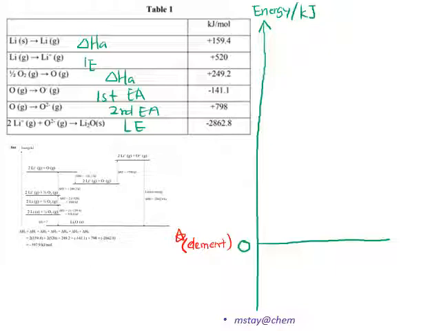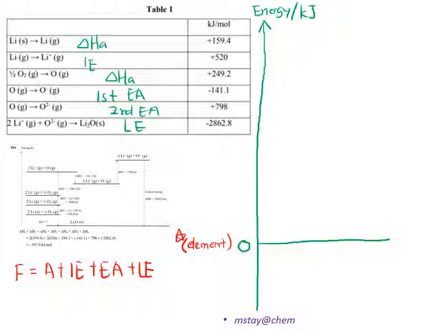We start with the formula of the Born-Haber cycle: enthalpy of formation equals atomization plus IE plus EA, and lastly the lattice energy.